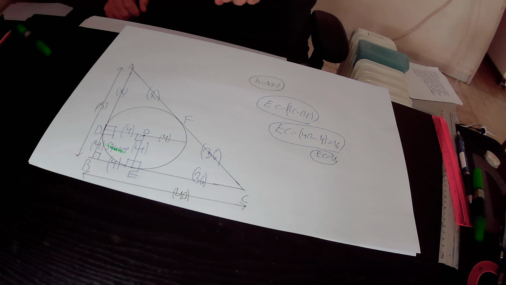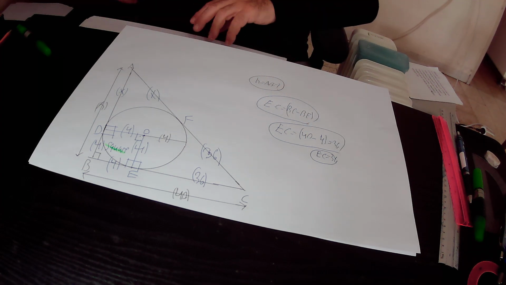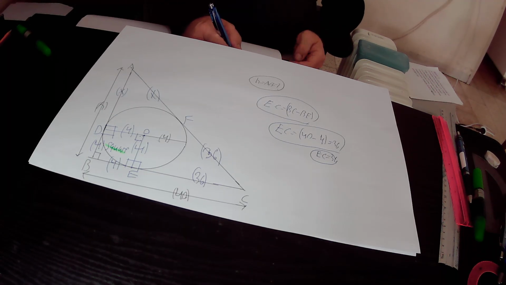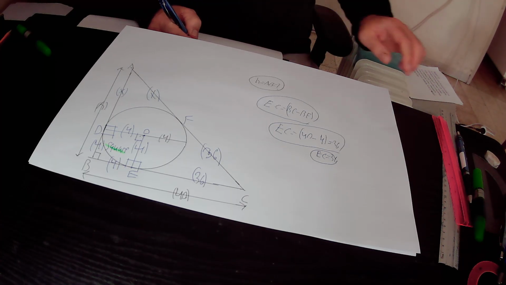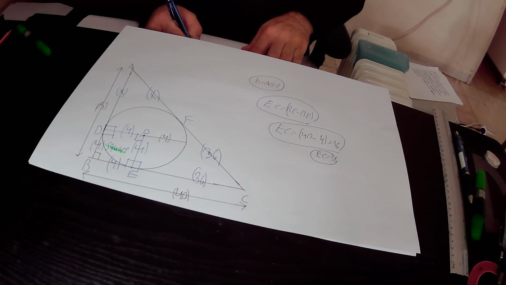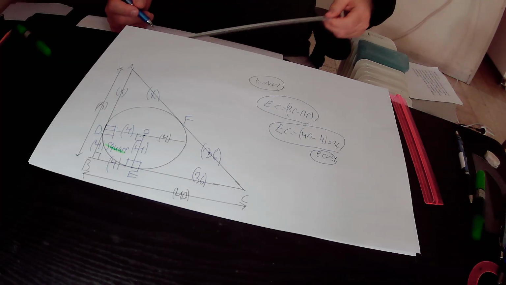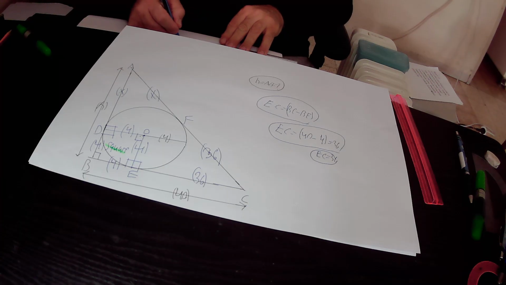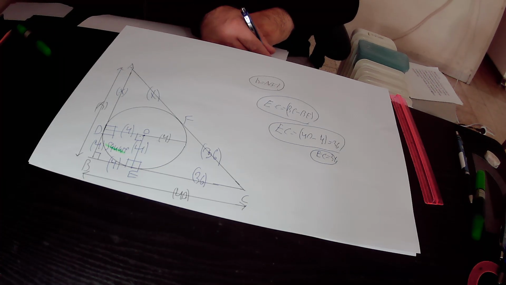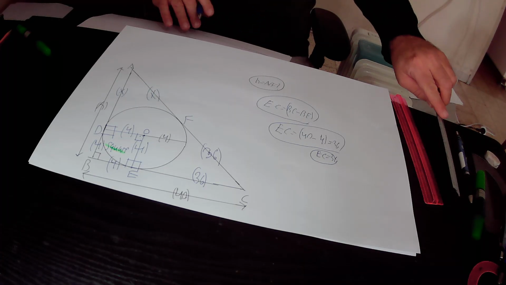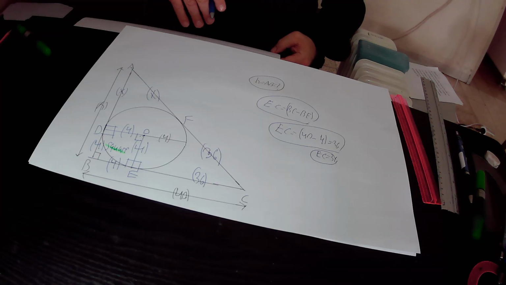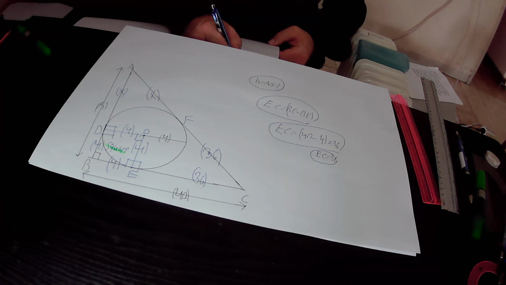The hypotenuse of this right triangle ABC is AC, so AC square equals AB square plus BC square.